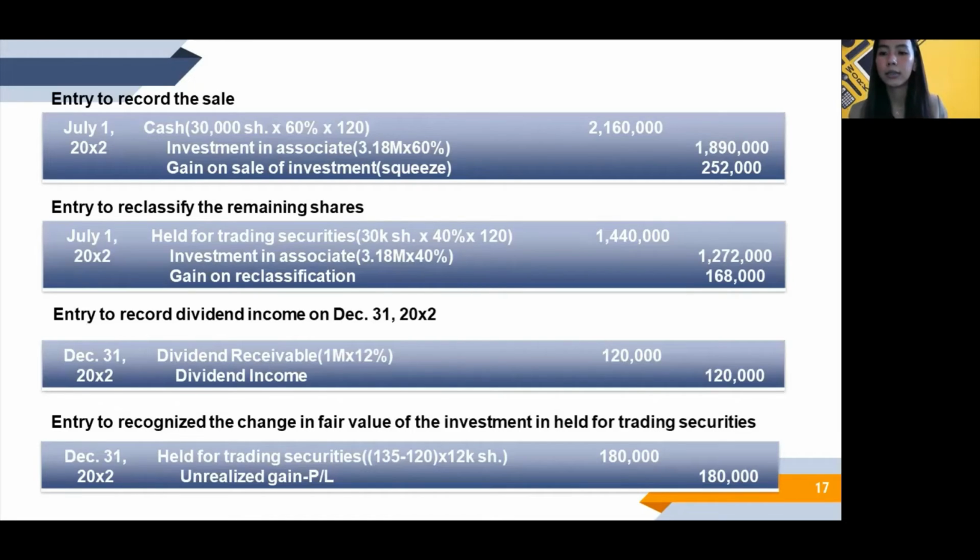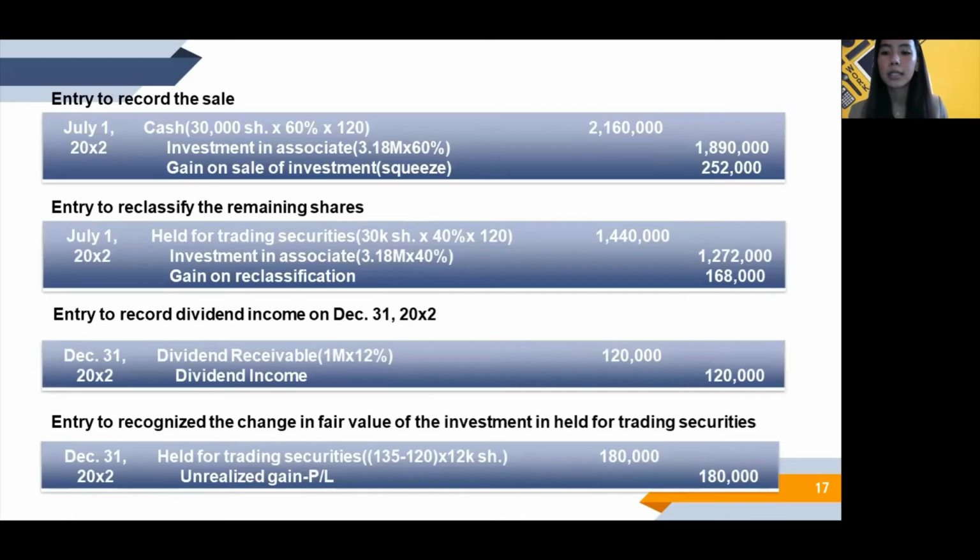Then we credit investment in associate, which is 1,890,000, computed using the 3,180,000 carrying amount earlier times the 60% sold portion of 20X2. The difference, when we squeeze it, is a gain on sale of investment of 252,000. Take note that the gain on sale is recognized in profit or loss.